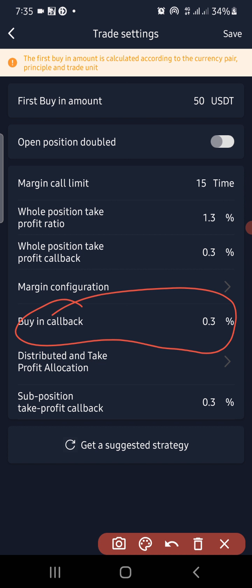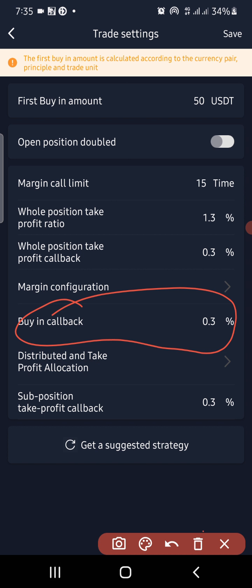So if the bot took profit for you at 1.3%, and from that point the price started going up again, then by a 0.3% increase, the bot will buy into the market for you again.